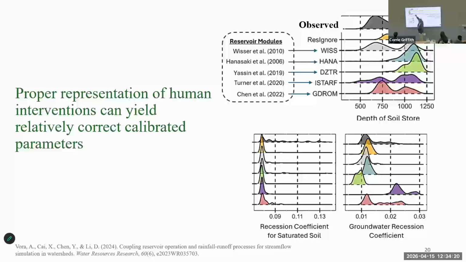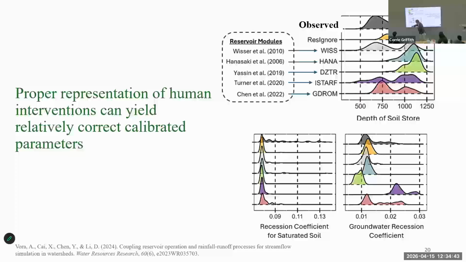And other models, they ended with a kind of value shift of the observation. But some parameters, probably they are not really affected by the reservoir operation, so we don't find much difference.